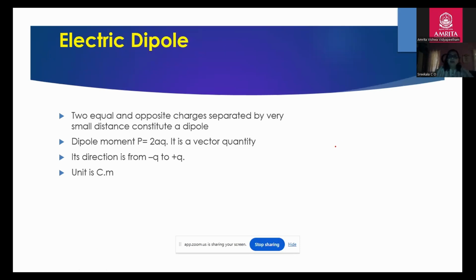Let me take two equal and opposite charges, separated by a very small distance. This one is charge q, and the other is minus q. This distance is usually represented by the letter 2a.